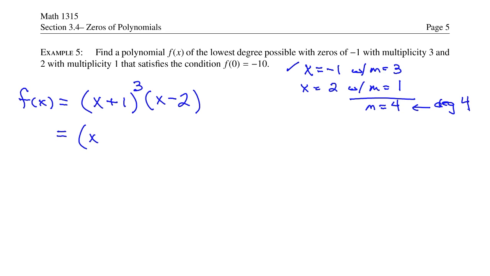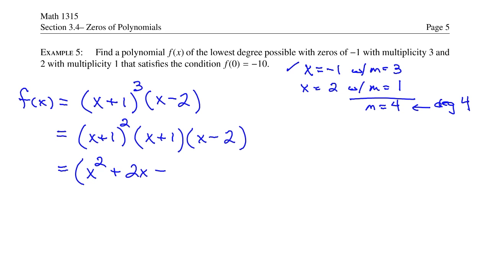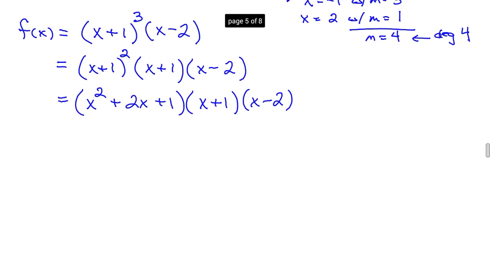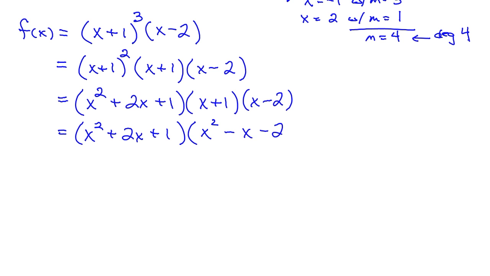I'm going to split up the cubed into squared and then another one to the first power, because I know how to do squares relatively quickly. It's x squared plus 2x plus 1 times x plus 1 times x minus 2. And also I think I'll multiply out the x plus 1 times the x minus 2. That would be x squared minus x minus 2.